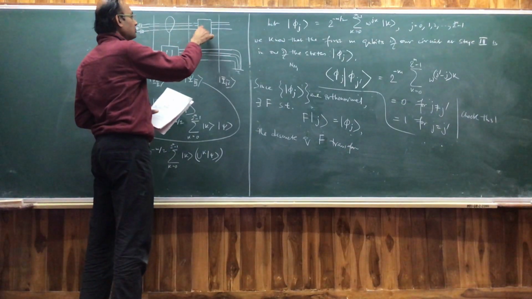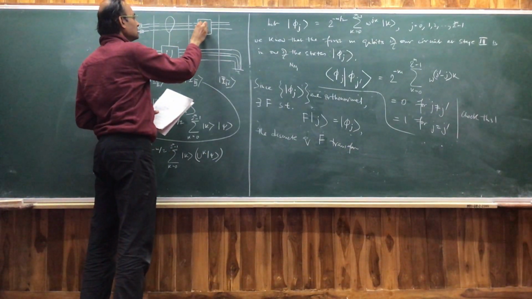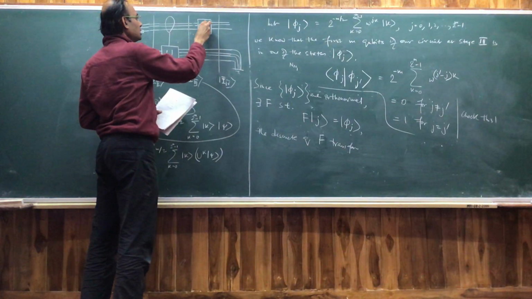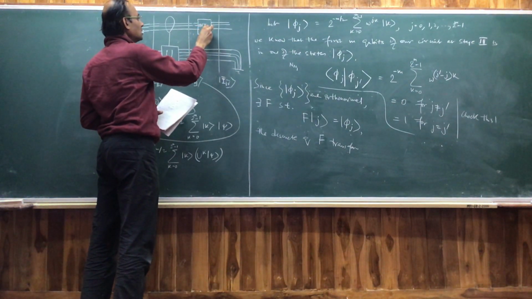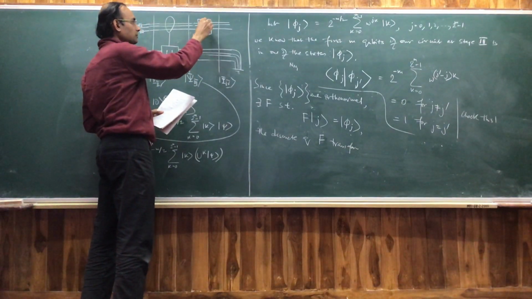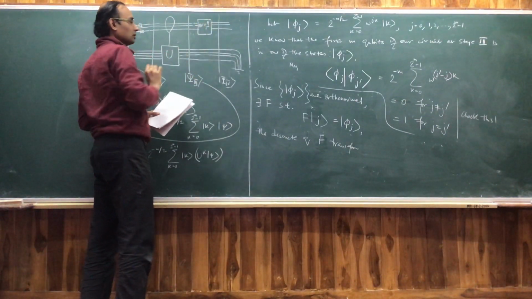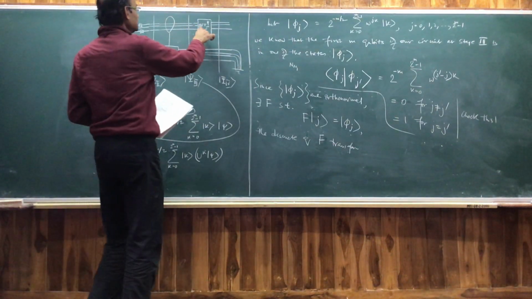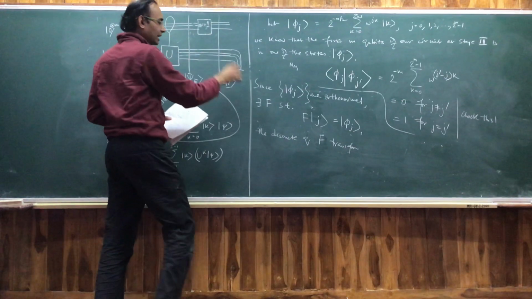So this box that was empty until now is actually the quantum Fourier transform, the n qubit quantum Fourier transform diagram. So without the dagger, this is F.